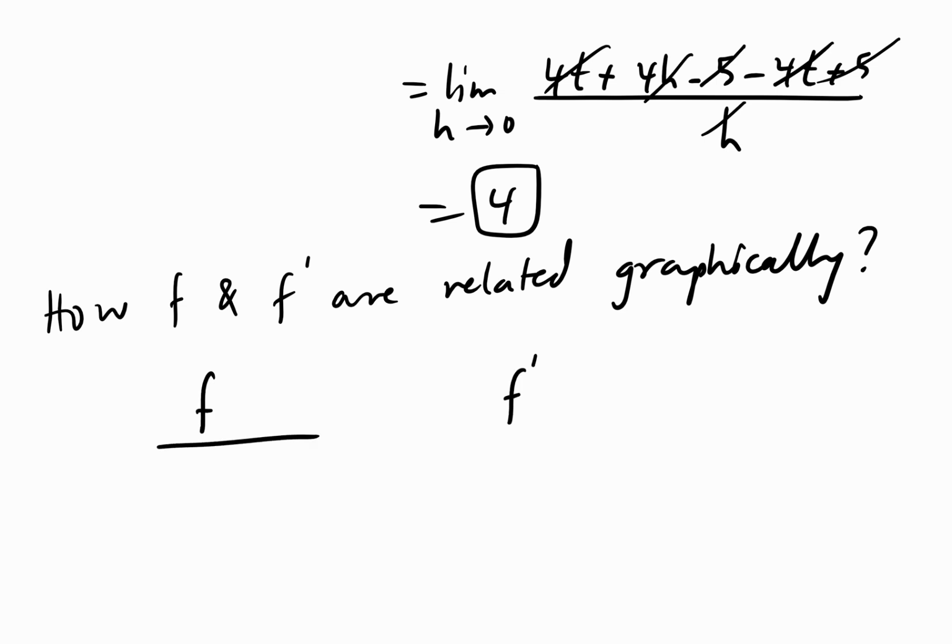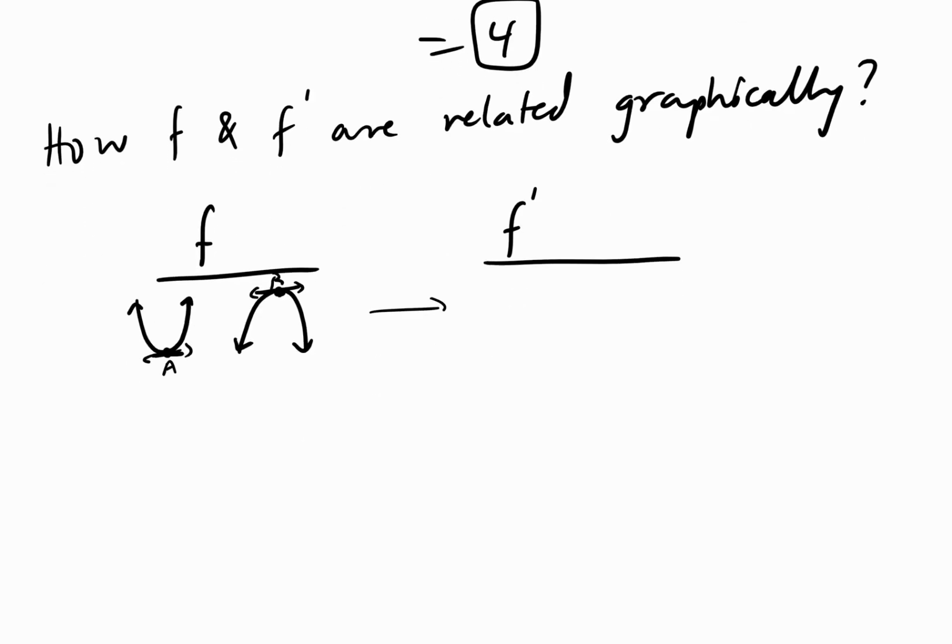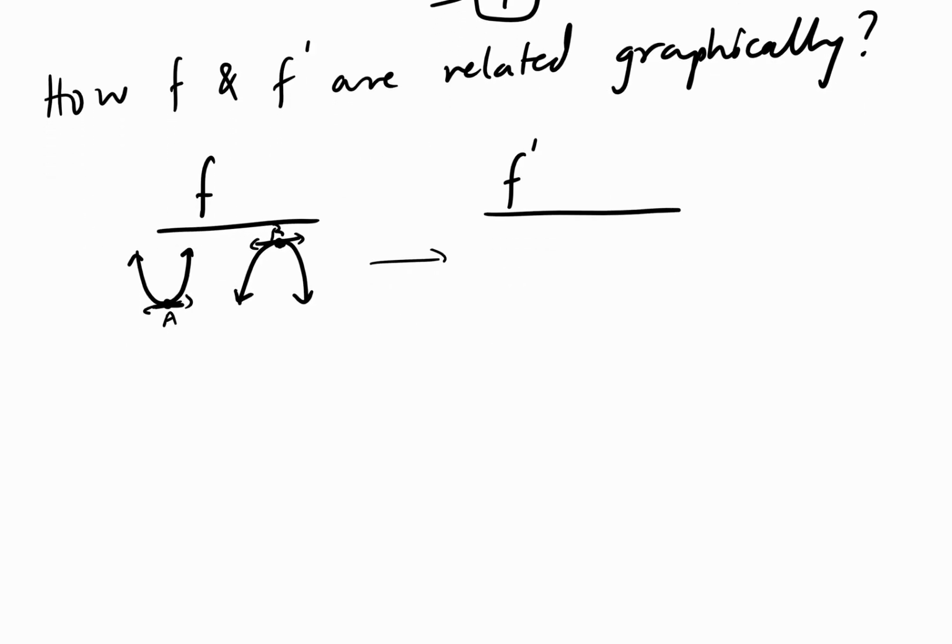If you have a function, say, like this point or that point, that's where there's a horizontal tangent. At these two points, A and B, if you want to translate it onto the graph or sketch the graph of f prime, those two points become points on the x-axis.